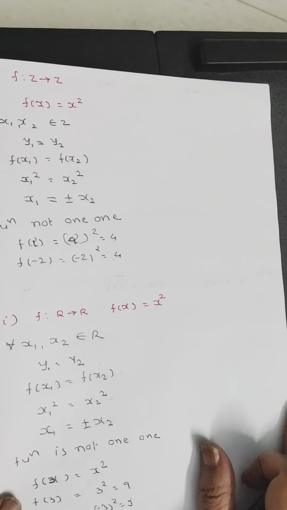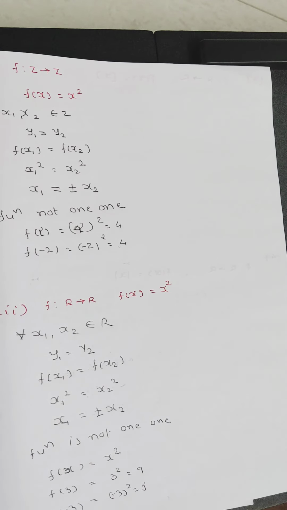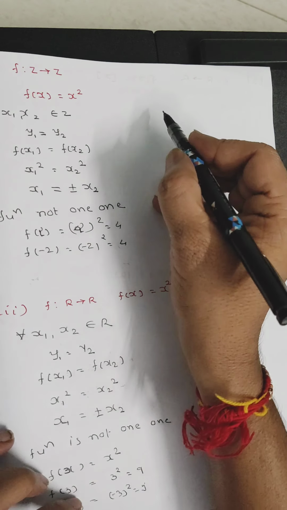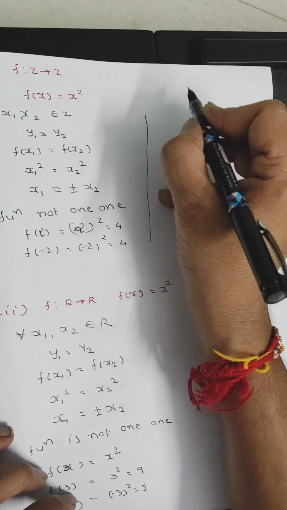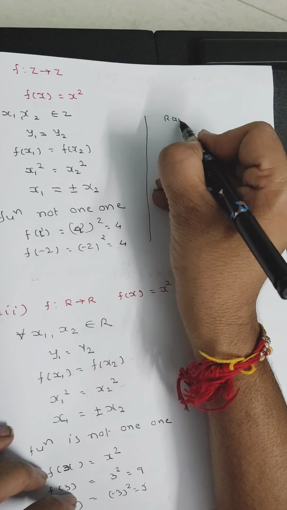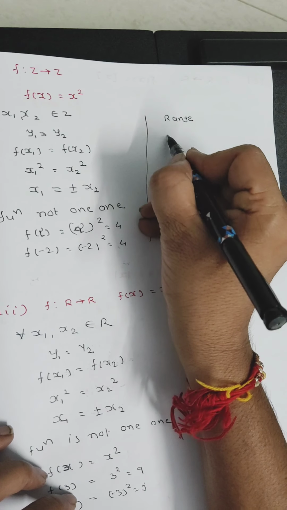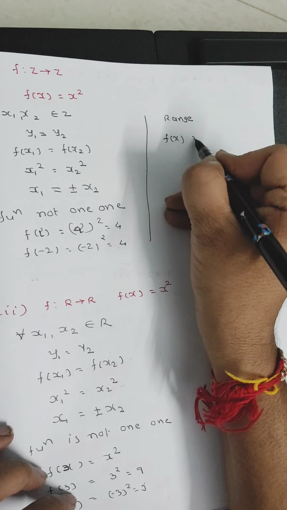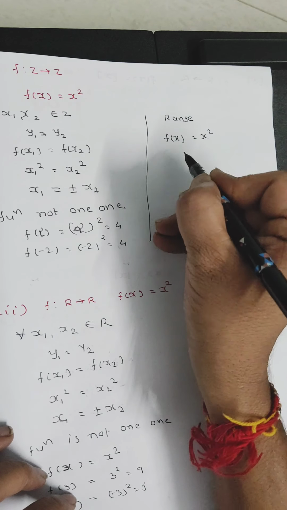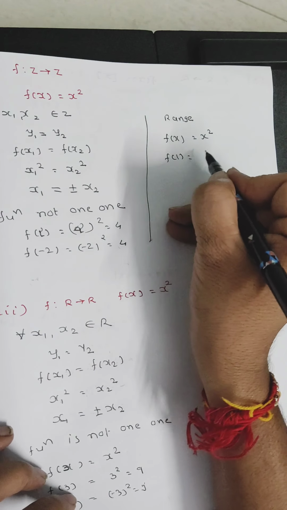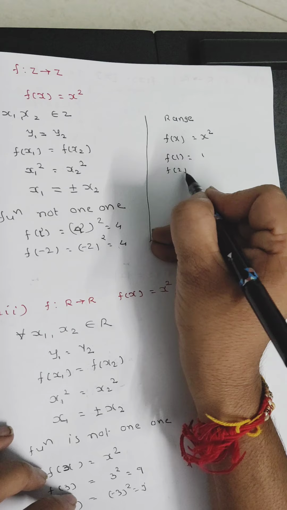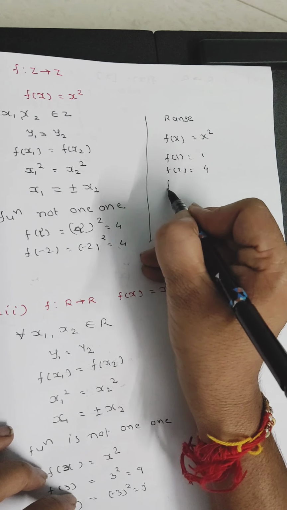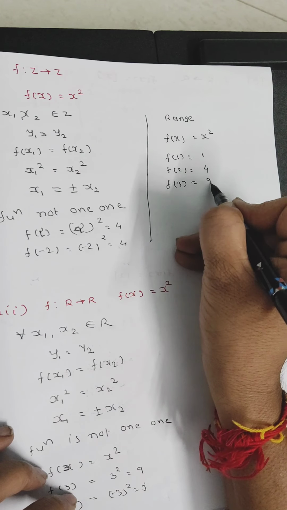Now for onto or not onto, that I want to check. Then you are aware of the range of the function f(x) is equal to x square. So f of 1 is 1, f of 2 is 4, f of 3 is 9.